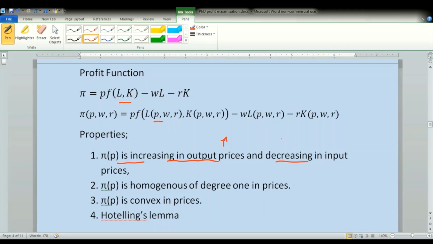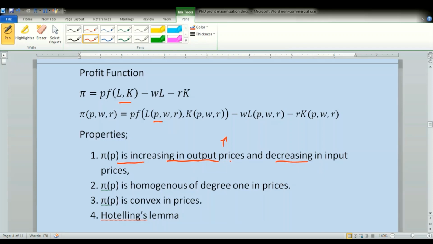This is understandable, because even when we are not changing the output, when output prices increase, we are using the same amount of input, so cost remains the same. But revenue increases, and this should be increasing the profit.